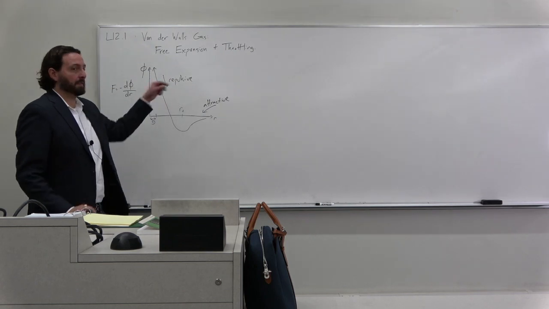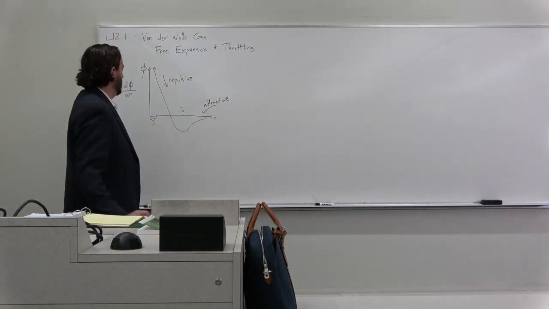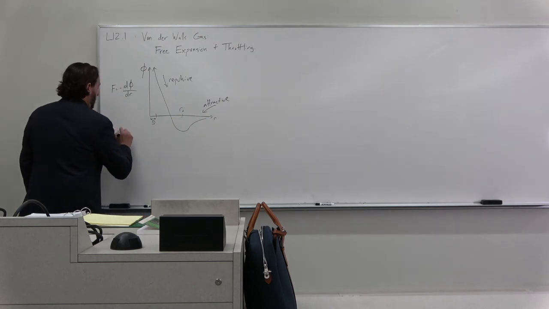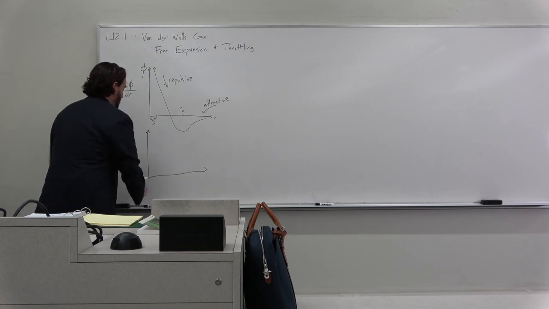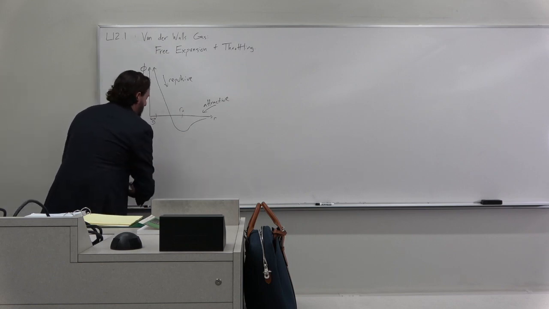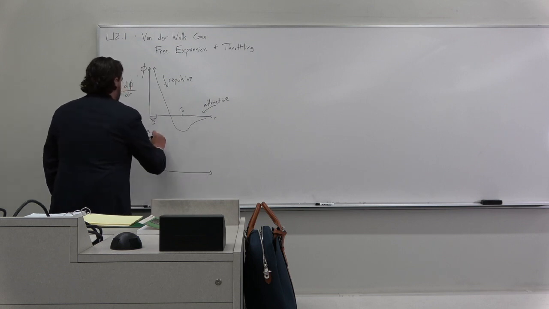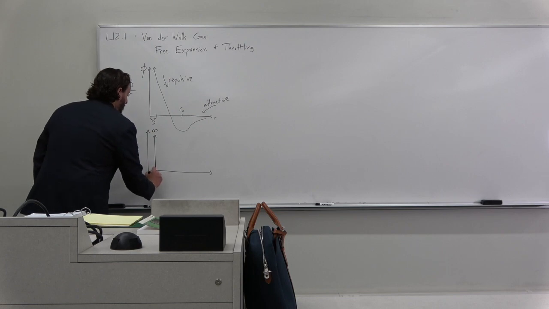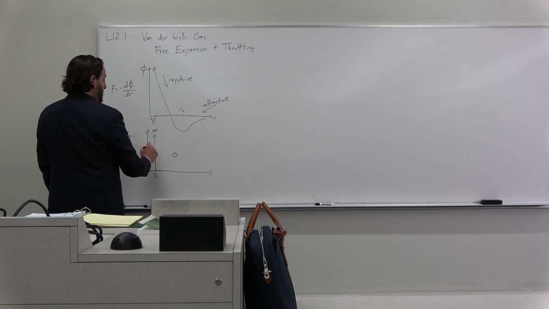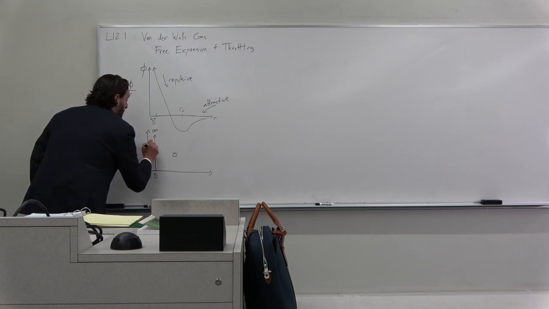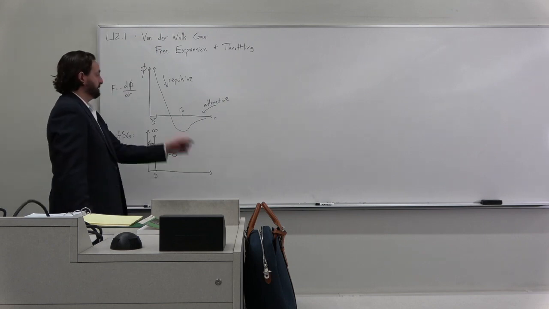Okay, so the first thing we did was we took into account the hard sphere gas, we called it. And we said, well, we'll just replace this potential with one that looks like infinity here at d and 0 out here. So we're going to have an infinite potential, and we're going to have a 0 potential outside.